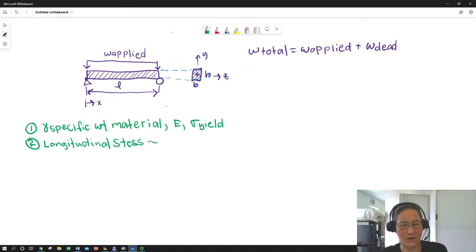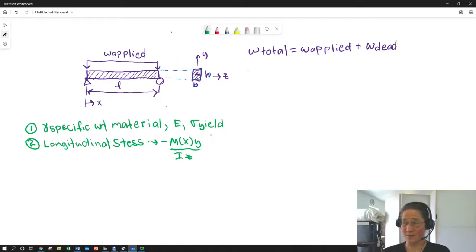We use the flexure formula for that, of course, and we'll just sketch that down. That'll be the moment wherever we are times the distance from wherever we are in the x direction to the neutral axis, which in our case is the centroid, divided by the moment of inertia about the z-axis.